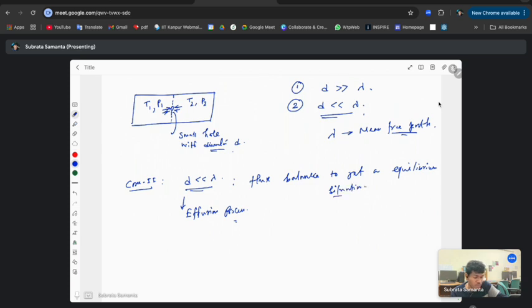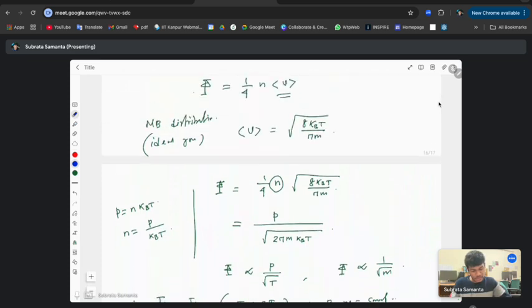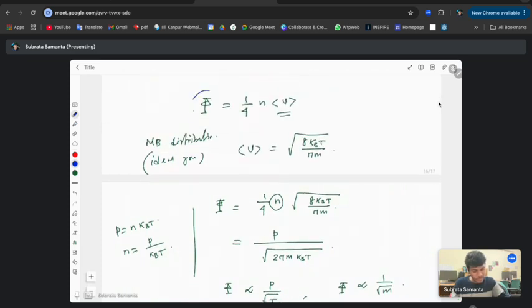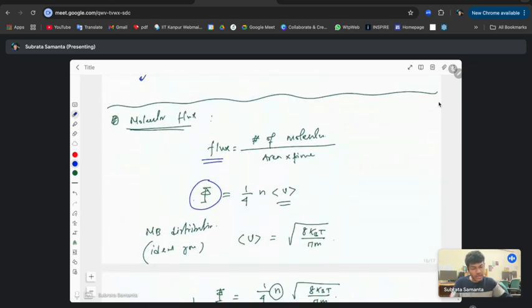How do we reach equilibrium in this scenario? In order to do that, we have to balance the flux. This flux I already discussed before. This is the molecular flux: the number of molecules per area per time.